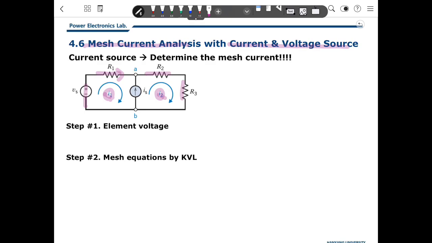If there is a current source, that gives us a very good point to get the mesh current.